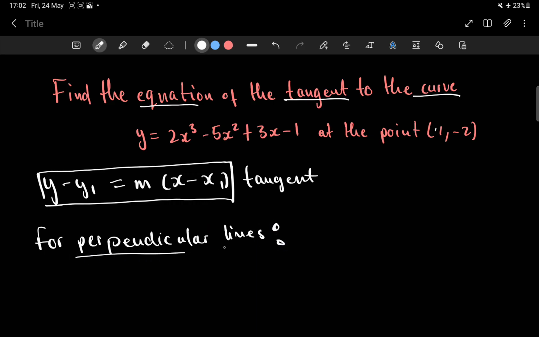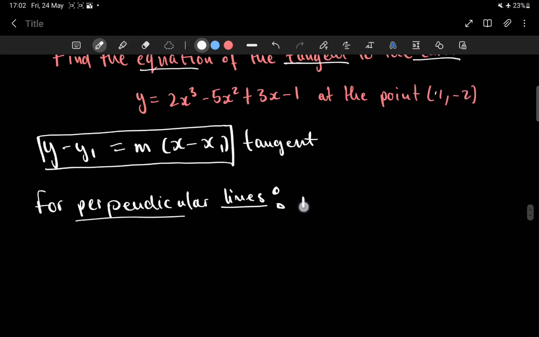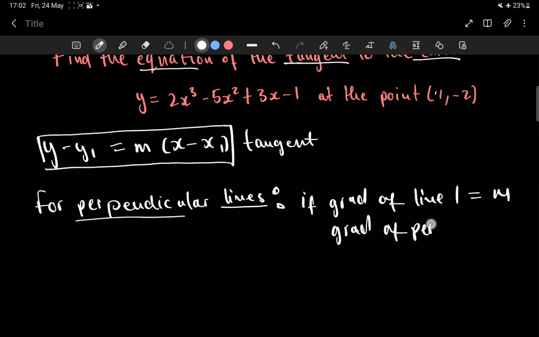It comes from this idea: if the gradient of line 1 is equal to, say, m, then the gradient of perpendicular line 2 would be negative 1 over m. What do you do? You put a negative, then you flip, okay?